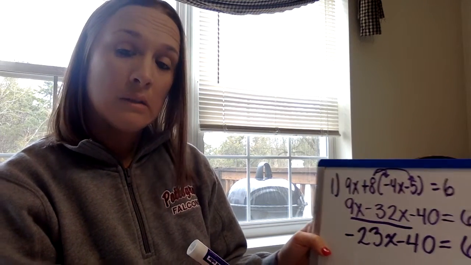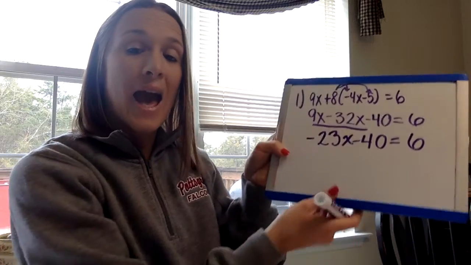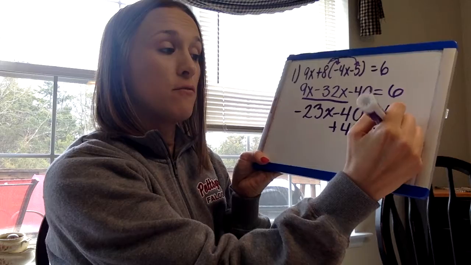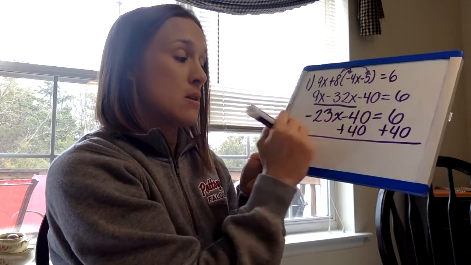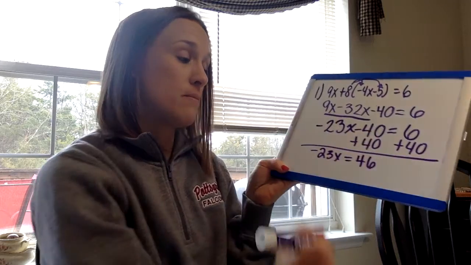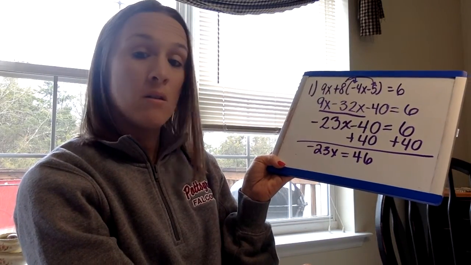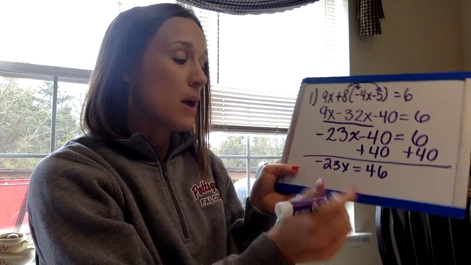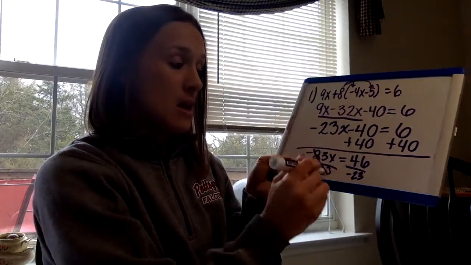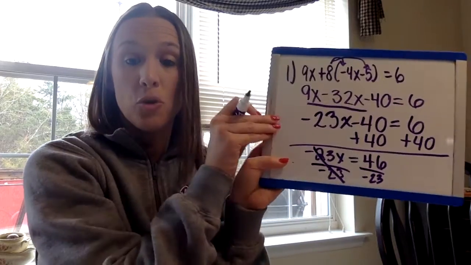Okay. All right, now you're just going to add 40 to both sides. Add 40, add 40. Negative 23x is equal to 46. Okay. Divide by negative 23. And then x is going to equal negative 2.